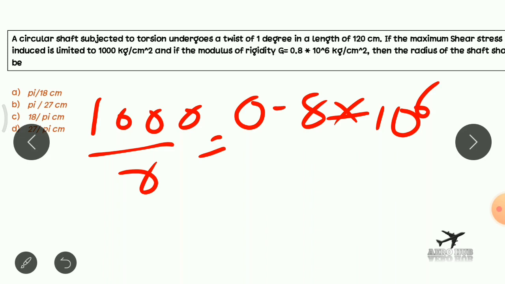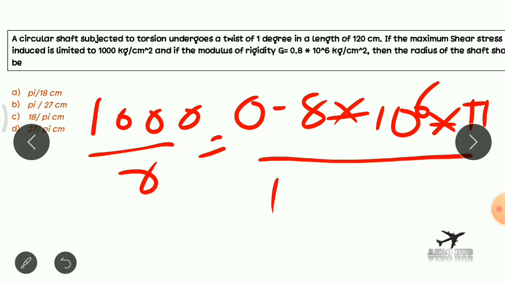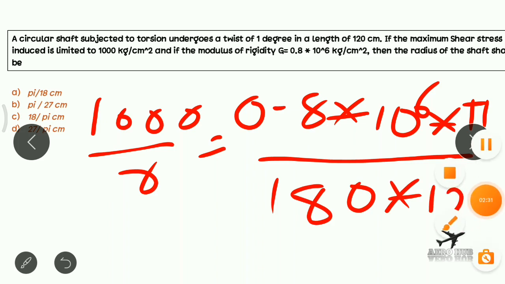The value of theta is 1 degree, so you have to multiply by pi by 180, because we have to convert this into radians while calculating. That will be pi divided by 180. And the value of L is 120.